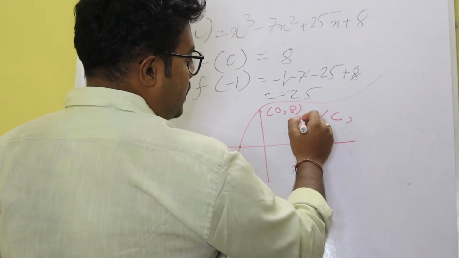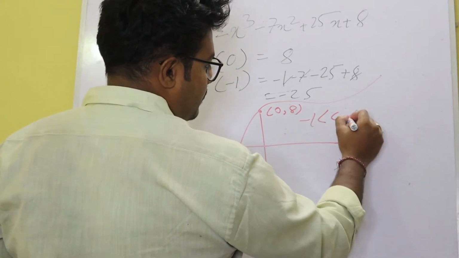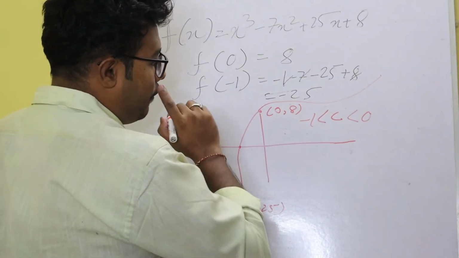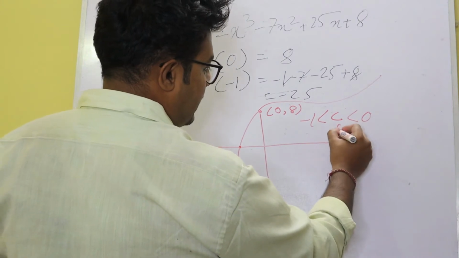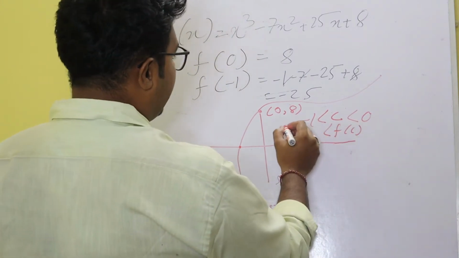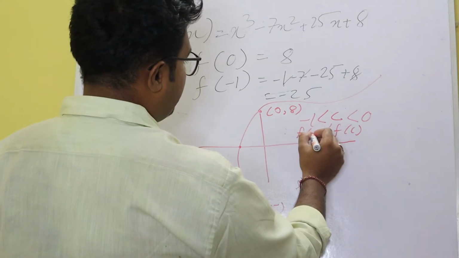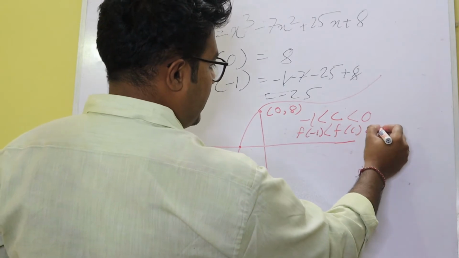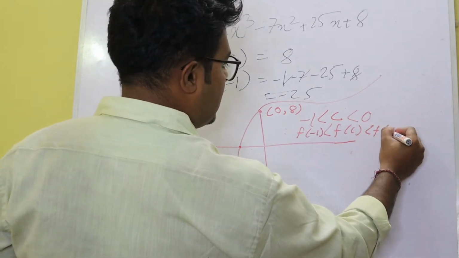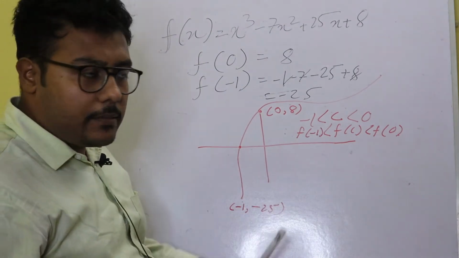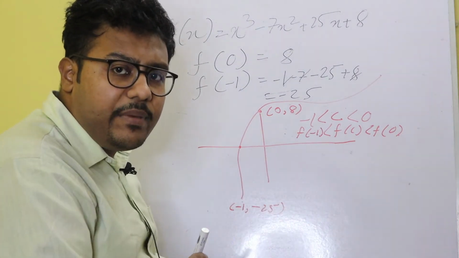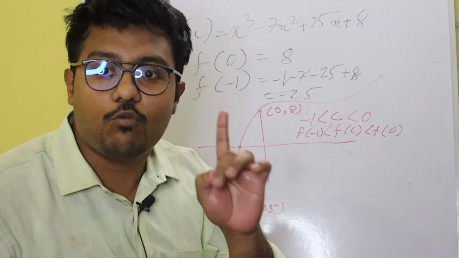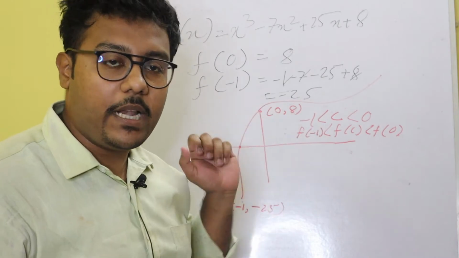I am sorry, a is minus 1 and b is 0. This is a value between minus 1 and 0, for which this f of c will be between f of minus 1 and f of 0, right? So in other words, from this intermediate value theorem, we can say that there will be at least one real root for this polynomial equation.